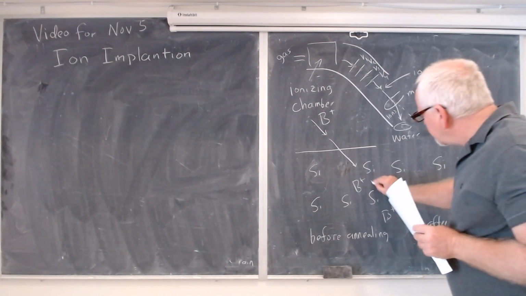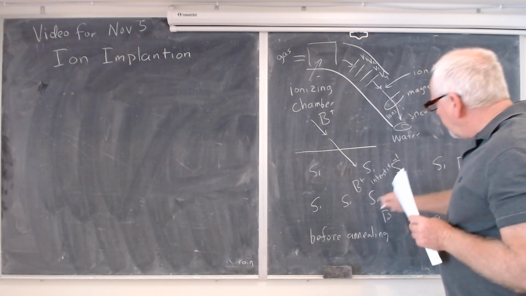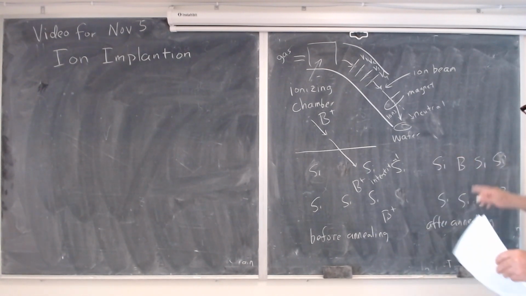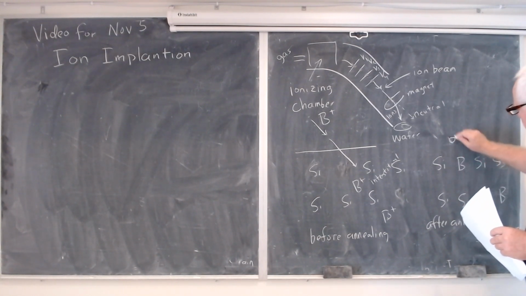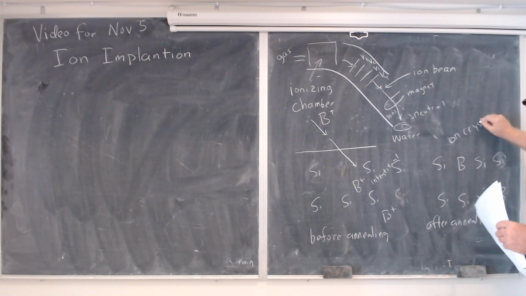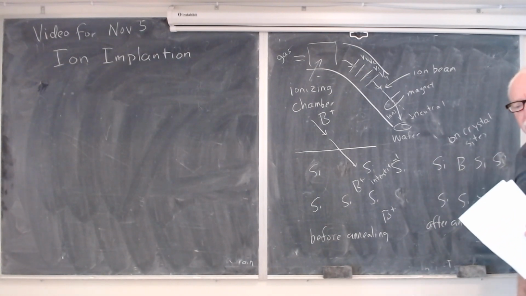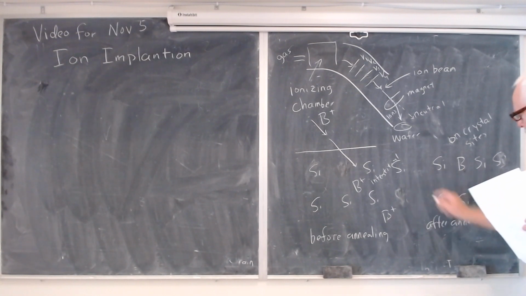Here they would be interstitial, meaning not on the lattice sites. Then when you do the annealing at a high temperature, it rearranges the atoms, and the boron atoms wind up on crystal sites. Which is what you want, of course, because you learned that that's how doping works. You put a boron atom, and so this becomes p-type.